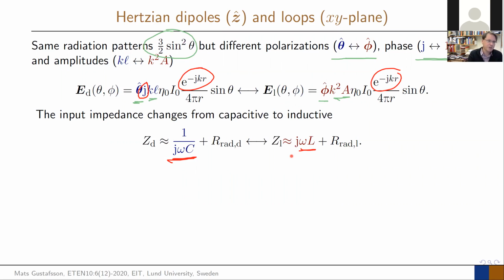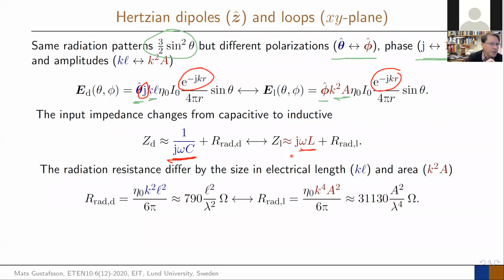So it goes from capacitive to inductive. And the radiation resistance then goes from a scaling of K L squared to a scaling of K to the fourth A squared. So let's start changing this, and changing what the relationships are, especially when we start shrinking things.